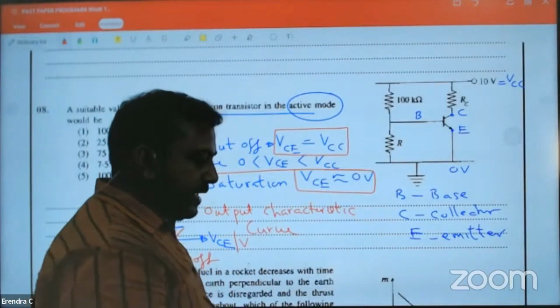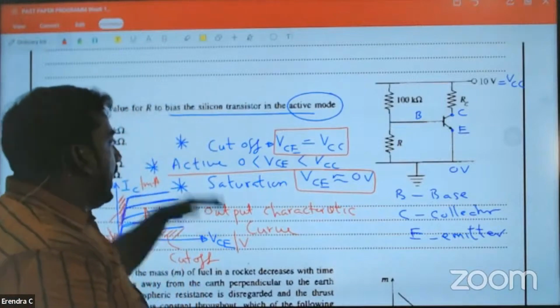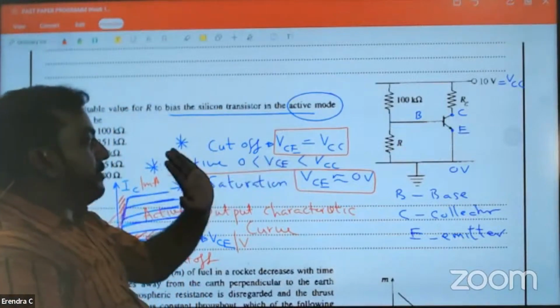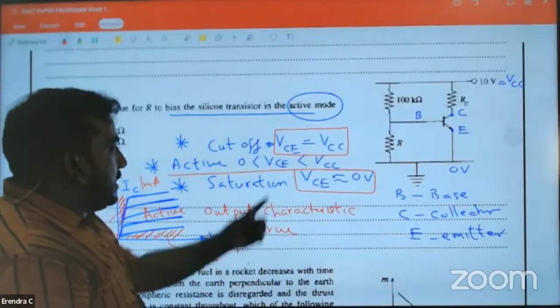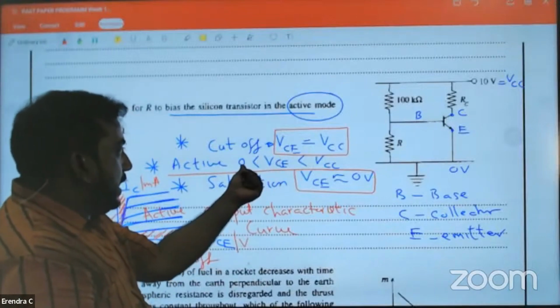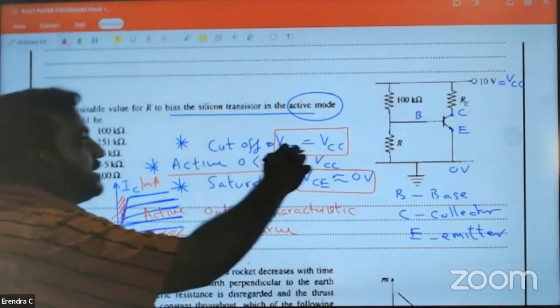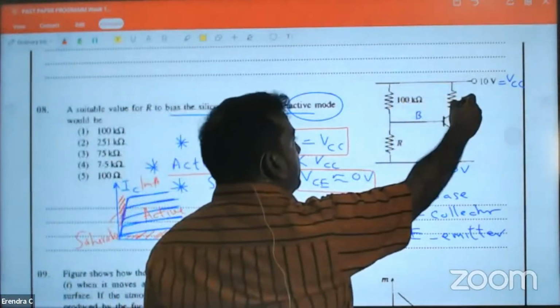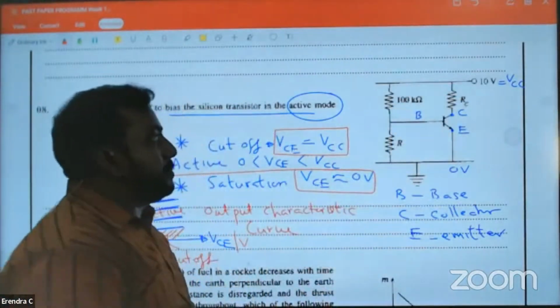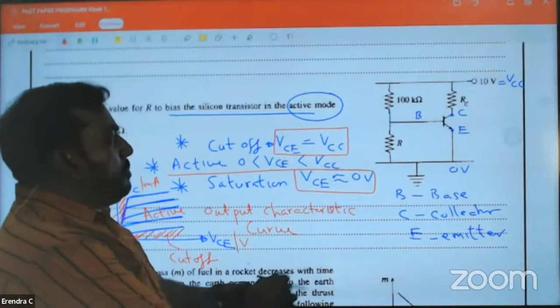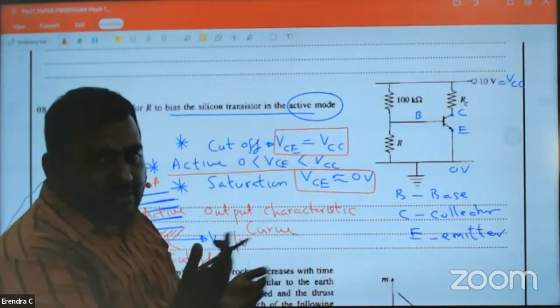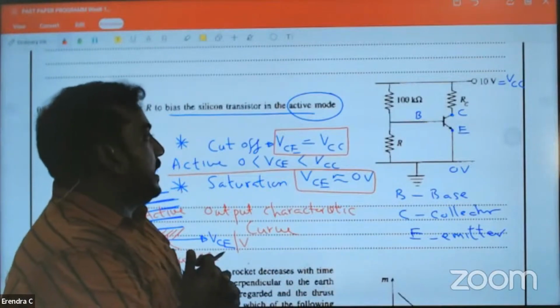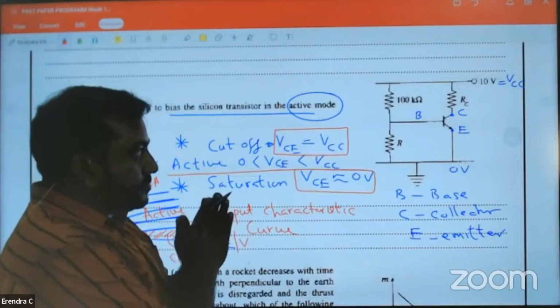Active region, this is your value. So they're asking, what is the resistor you should keep here? No beta value is generally given here. Look at this carefully.